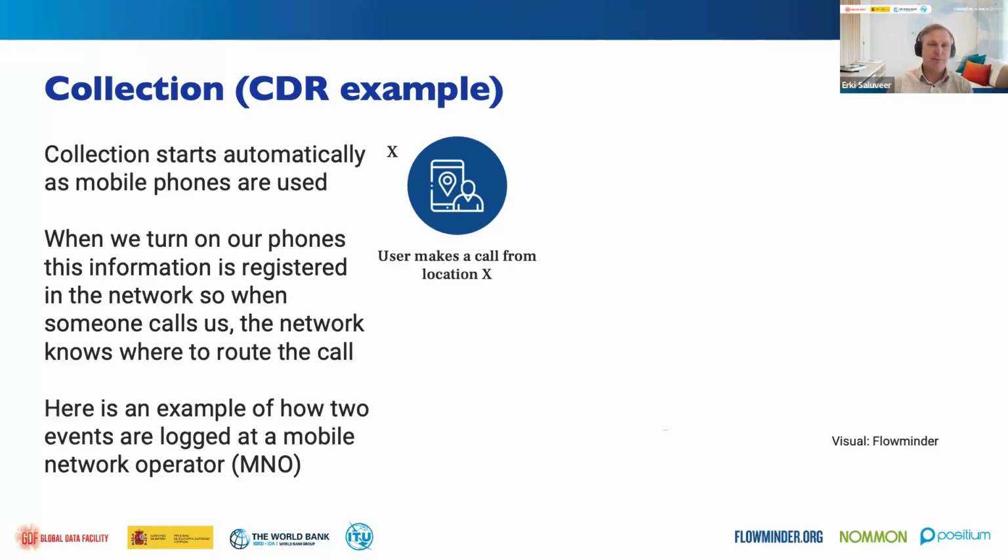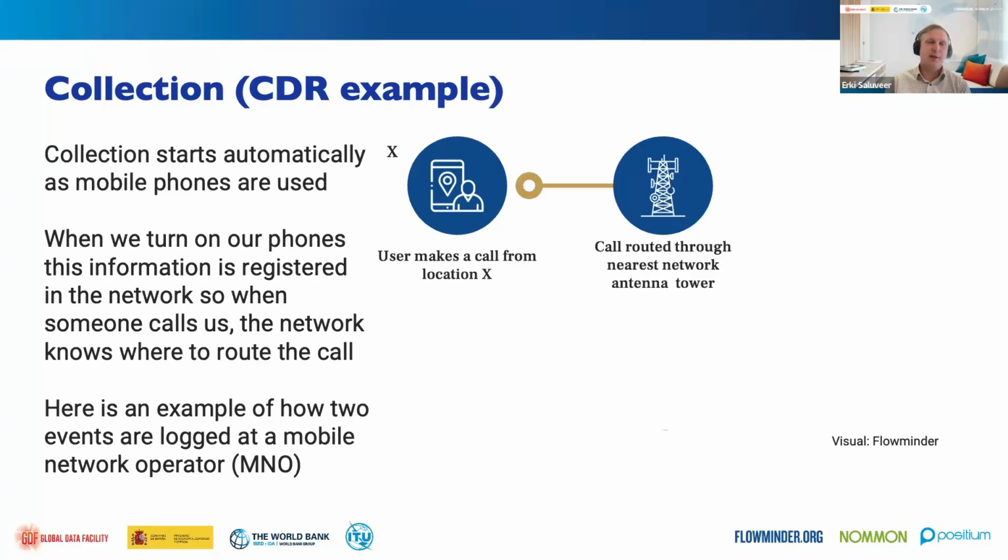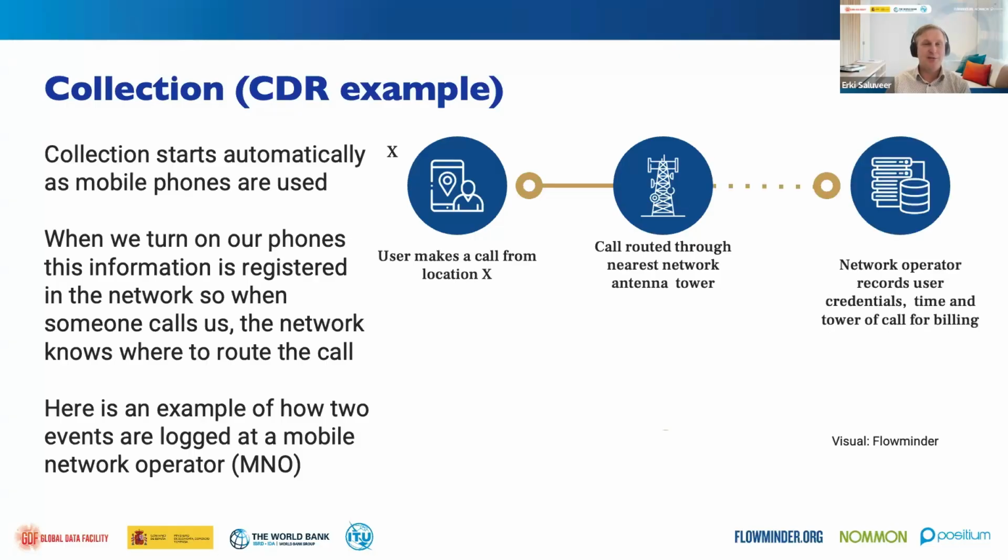When a user makes a phone call in location X, they are connected to a nearby cell tower, and their call is routed through that cell tower or cell antenna. This antenna information is then routed to the network operator and logged for later stages.